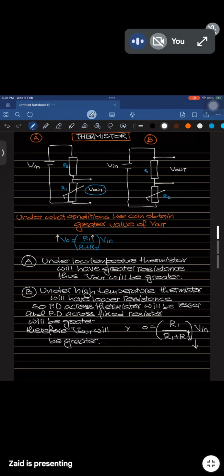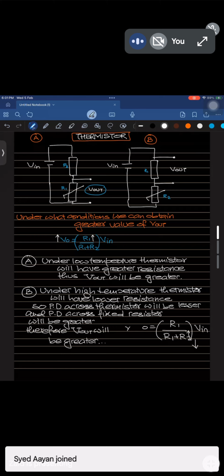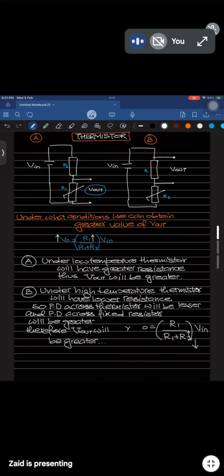Exactly. वोल्टेज रेजिस्टेंस के डायरेक्टली प्रोपोर्शनल होता है। OK, now I'm explaining it once again, the whole thing.